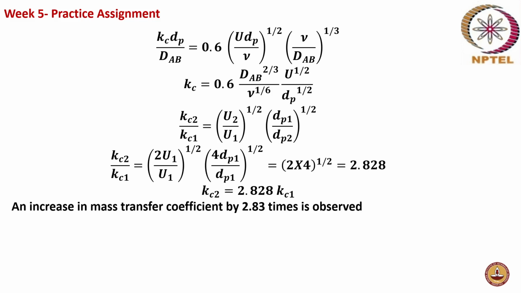So we have to take a call: your velocity should be increased while your diameter should be decreased. Increasing both will not give a positive change; either it will go as no change or it may cause a decrease in your mass transfer coefficient compared to the initial mass transfer coefficient.